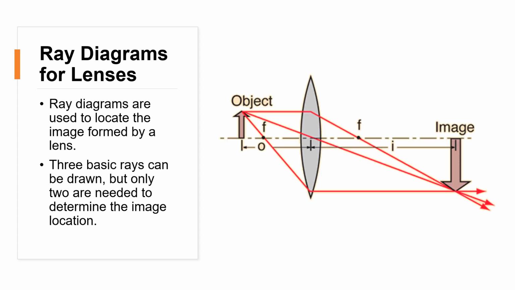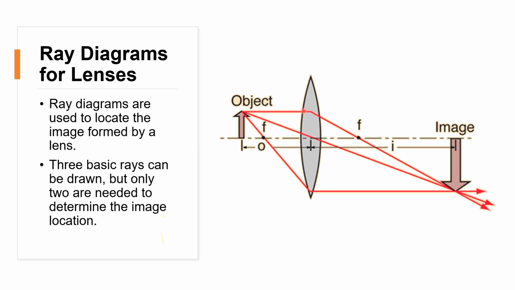So we have here a diagram showing the image formation using a convex lens. We have here the object and the image. Okay, so we have three light rays coming from the tip.